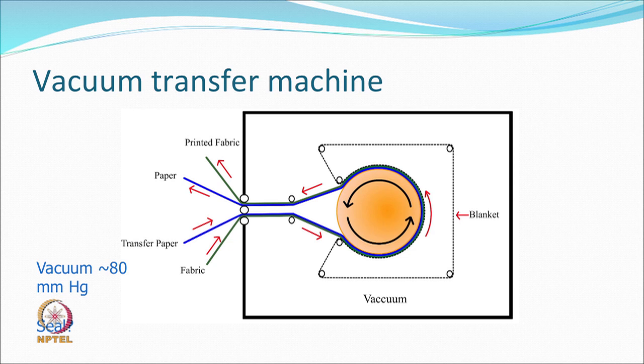So, this in some sense is a little more complex technology, because if something is entering and you put too much pressure, then you have a problem of either the paper tearing or the fabric getting compressed. But if you do not do that, then you cannot maintain vacuum. There are very few continuous processes you may have seen where the process happens under vacuum.